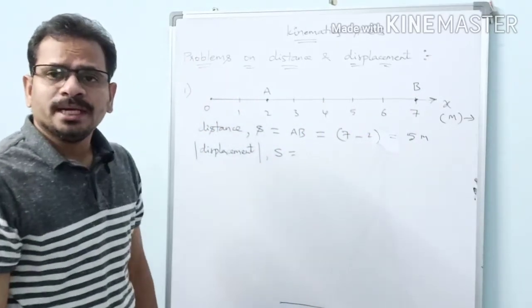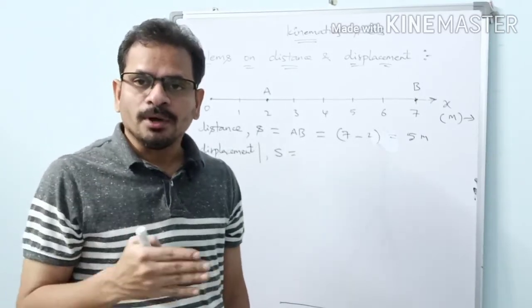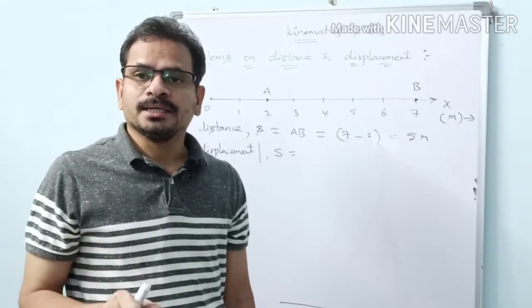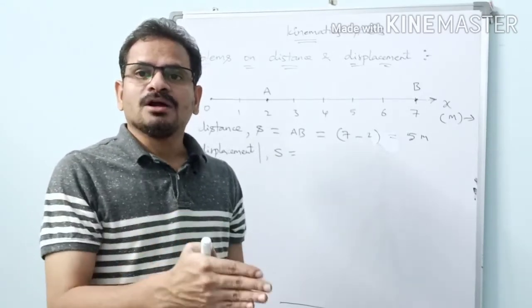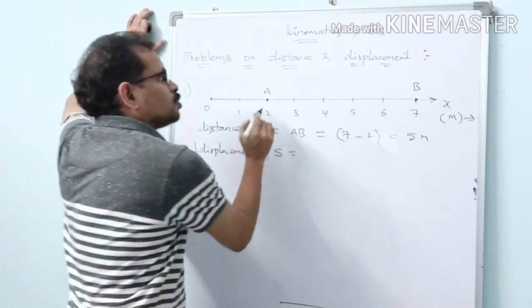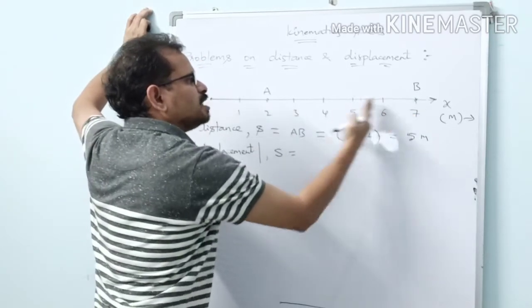Displacement does not bother about the path along which the body moves. What does it bother about? It bothers about only the initial point and the final point. So what is the displacement here?